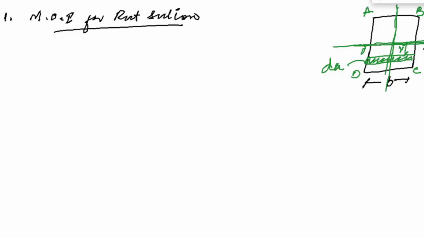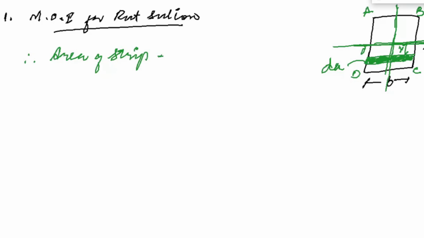Now you want to know the moment of inertia of any strip, that is this strip which I have shaded as green. I want to know the moment of inertia of this elemental area. Now how can I do that? Firstly, the area of this strip will be how much?